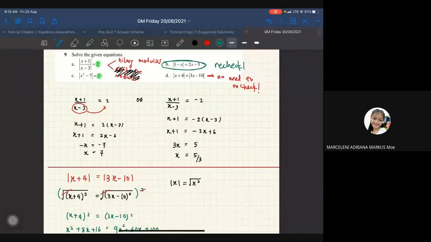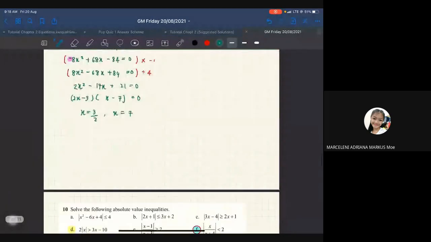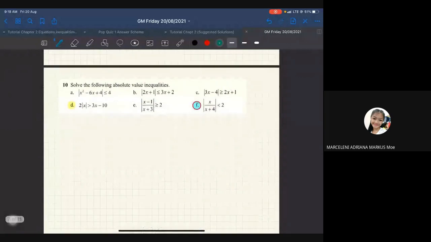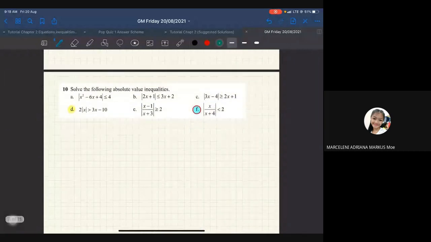Okay, so untuk absolute value punya inequality, so kita akan menggunakan konsep gola. Okay, so we have gola. So gola ni stand for, kalau awak ada greater sign, dia akan jadi or ataupun union.